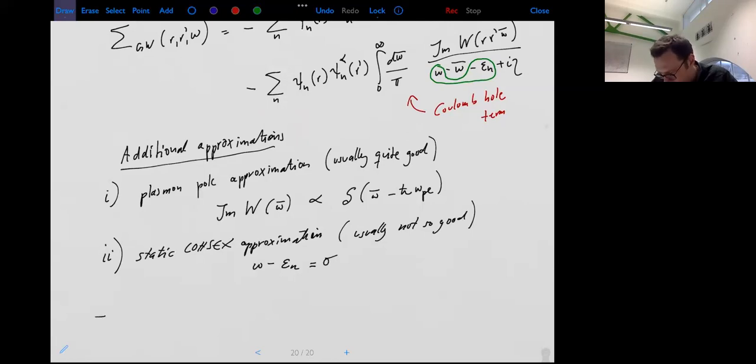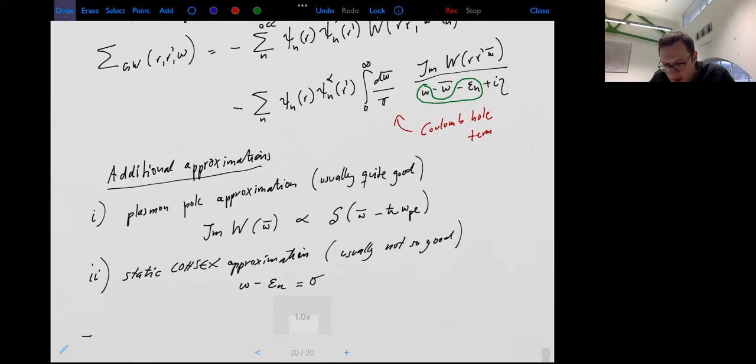If we look at this term here, and basically set omega minus epsilon n to 0, what happens is that the integral becomes independent of n, of the orbital index n. And that means we can move that integral in front of the summation over n.